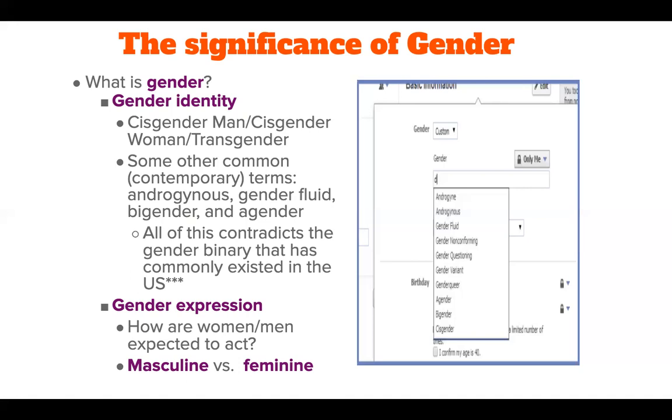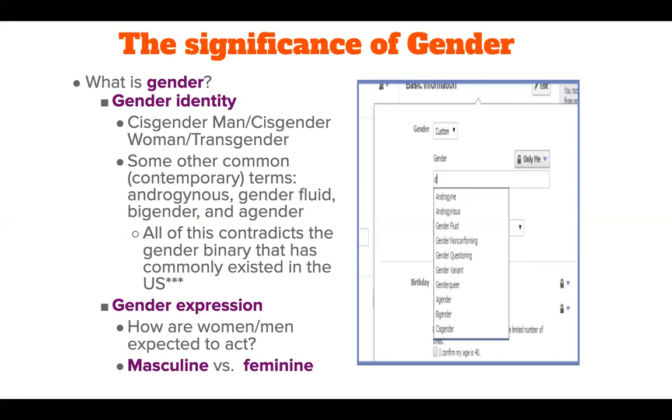All of these terms, and that's just a few, right? You can see from that little shot of terms that Facebook offers for people to identify as: gender variant, gender questioning, genderqueer, bigender, which I talked about, gender nonconforming, which is another way of rejecting just the binary terms in general.